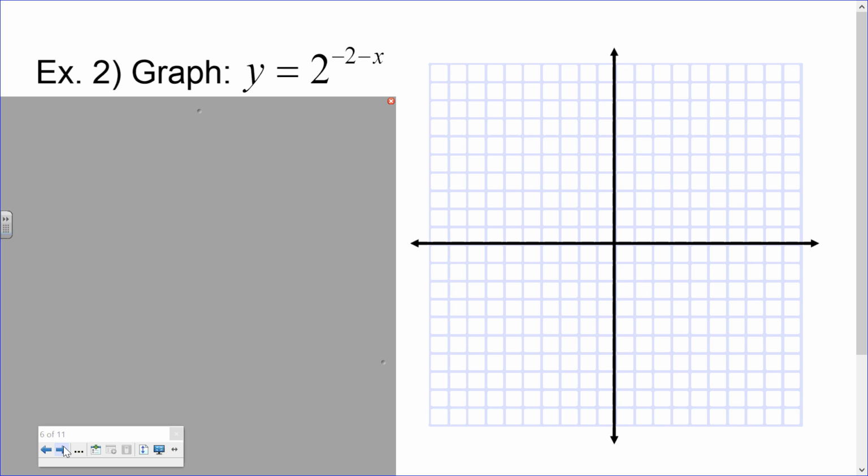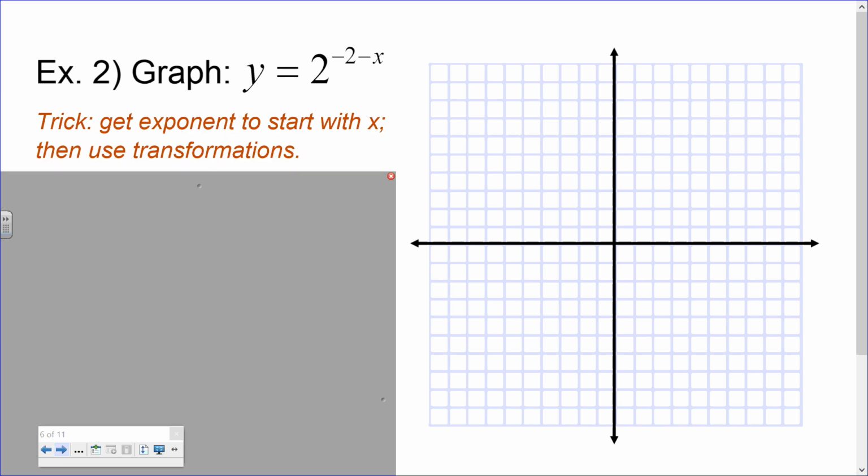We want to use our exponent properties to get the exponent to start with an x. And then we can use transformations. So we want to get to where the exponent is x or x plus something or x minus something.